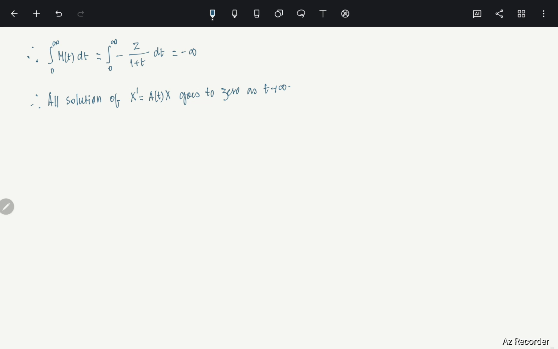Up till now we have looked at these problems: x prime equals A x, the purely homogeneous case, and then x prime equals A x plus b(t), the homogeneous problem with a forcing term.